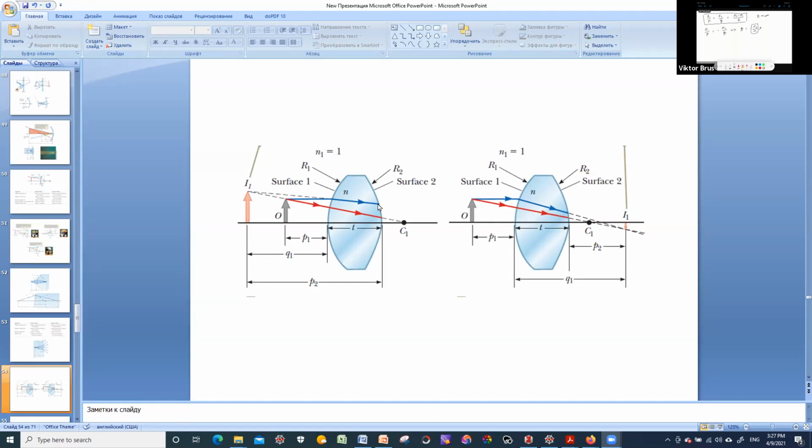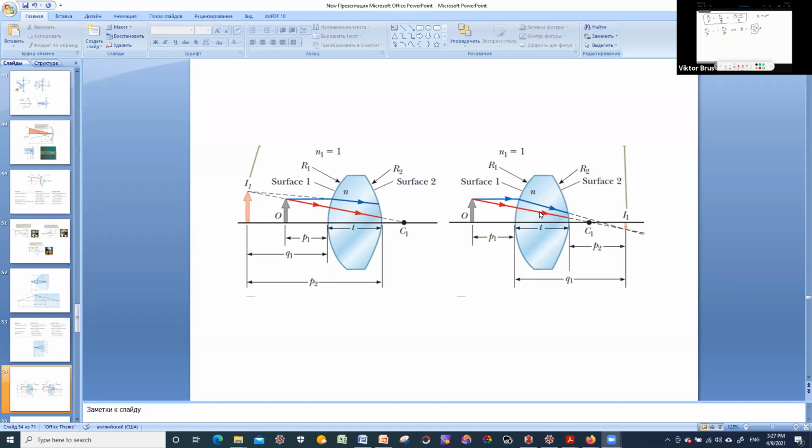Once we do that, we will eventually get the image formed by the lens, taking into account the effect of both interfaces, like the image of this real object.